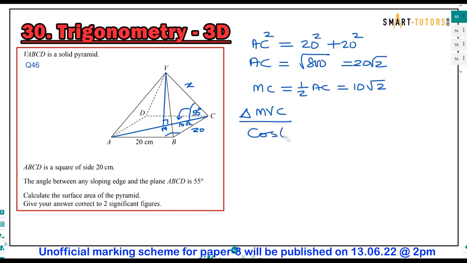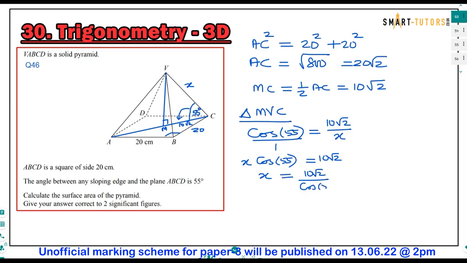So cosine 55 degrees, adjacent is 10 root 2 over hypotenuse X, right? Cross multiply, cos 55 over 1. So X cos 55 equals 10 root 2. Then X equals 10 root 2 over cos 55.